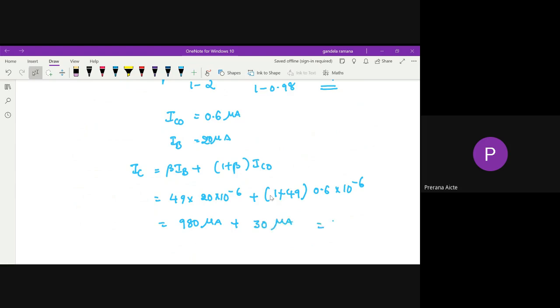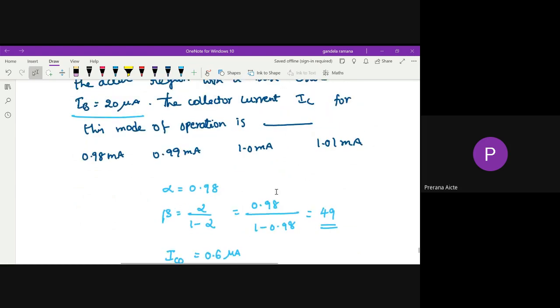So finally you get 1.01 milliamperes, that is 1010 microamperes. So in milliamperes, 1.01 milliamperes. So this is the answer for that.